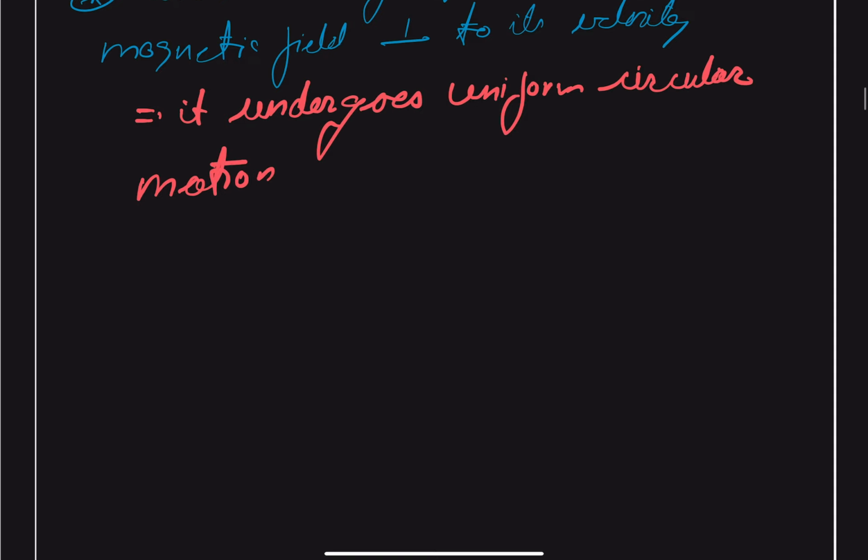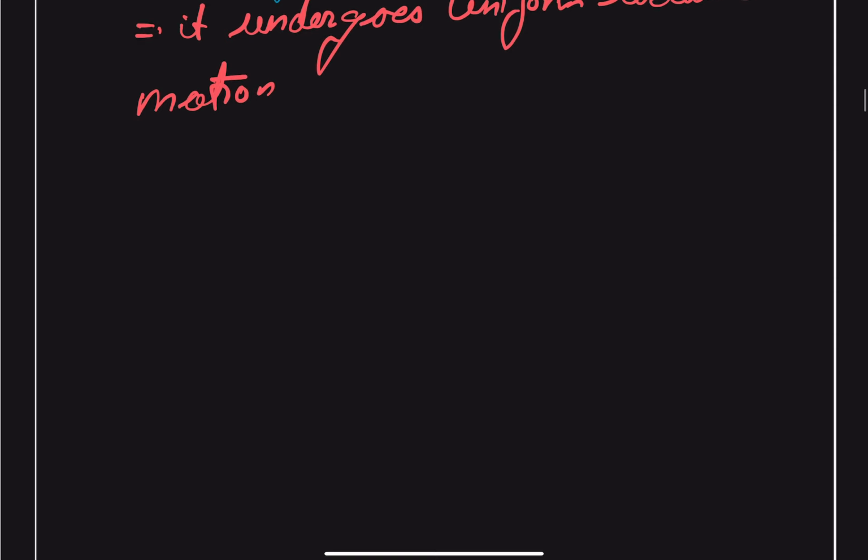Therefore, we can write that the radius R will be equal to mv divided by q multiplied by B.